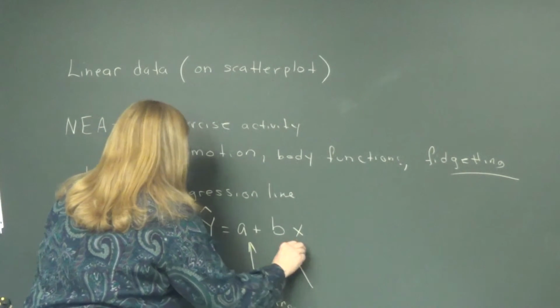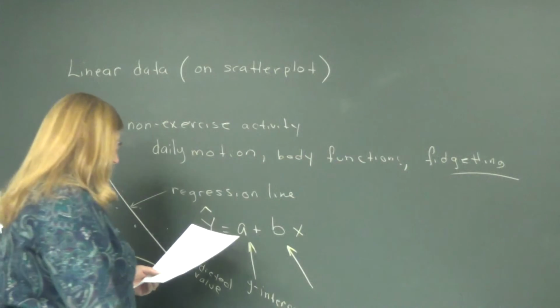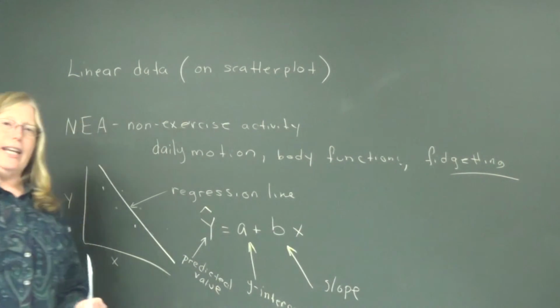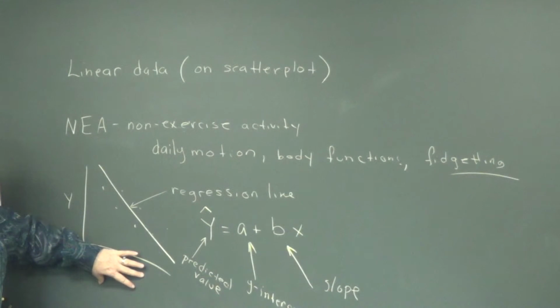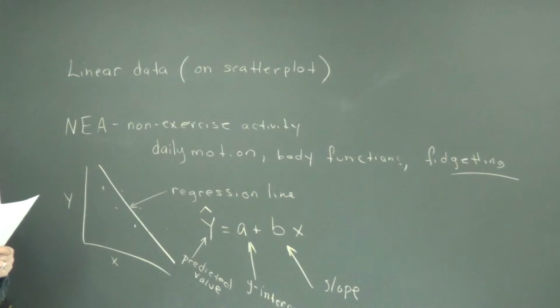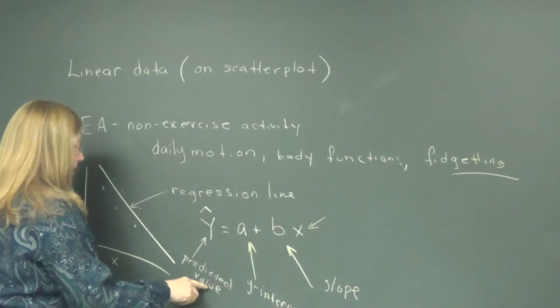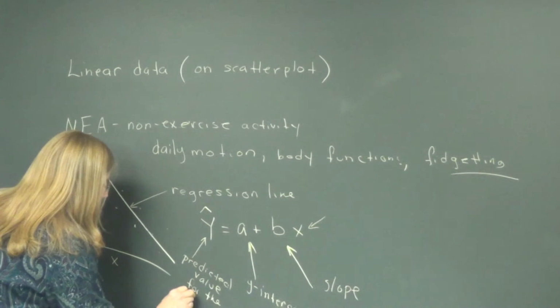So B is the slope. I'm sorry to mess you up with that. So the slope is the change in Y for each change in X. We'll talk about that on an example. And when I say predicted value, I should say for the response variable.